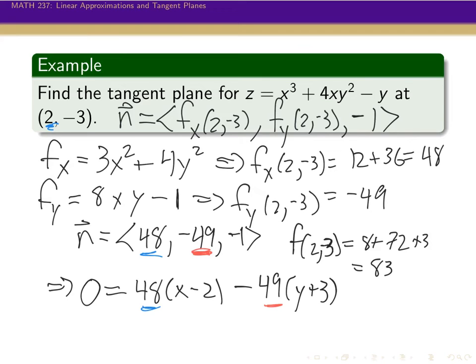And plus 3 is coming from the fact that the y coordinate we're starting at is minus 3. And then, last but not least, the minus 1 is always minus 1, times z minus 83. And 83 is coming from the value of the function. So there's our point normal equation for the plane. And we can leave it just like that.